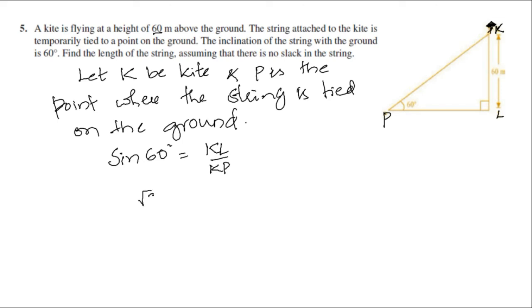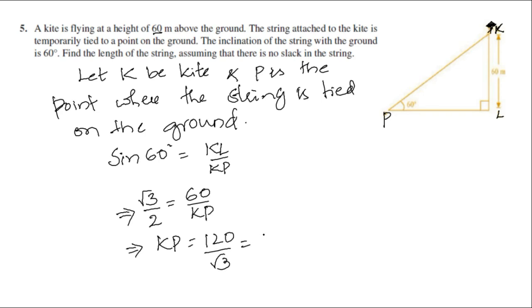Sine 60 degree is known, it's root 3 by 2. This will be equal to 60 upon KP. We need to find the length of KP. KP will become equal to 120 divided by root 3. If you multiply root 3 and divide by root 3, we get 120 root 3 upon 3.